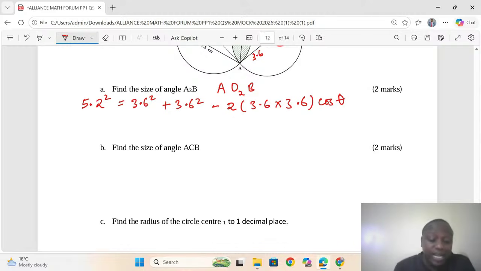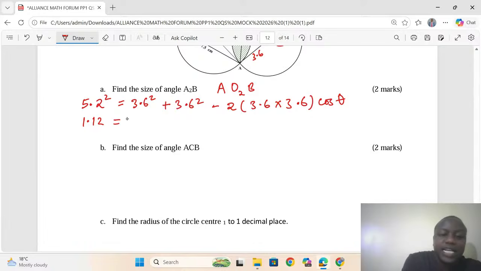We've all covered that in trigonometry 2. So now we can group some terms together. 5.2 squared, we subtract 3.6 squared minus again 3.6 squared. So I'm having 1.12. This is equal to 2 multiplied by 3.6 by 3.6.